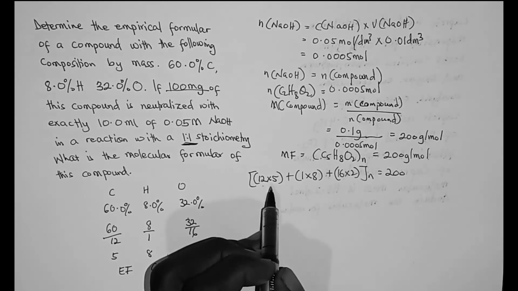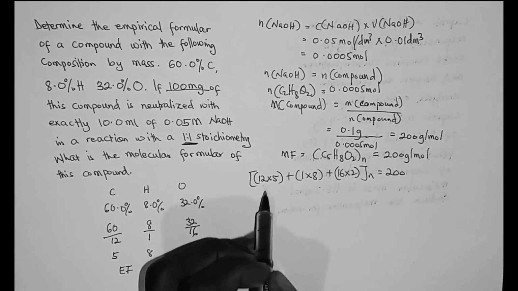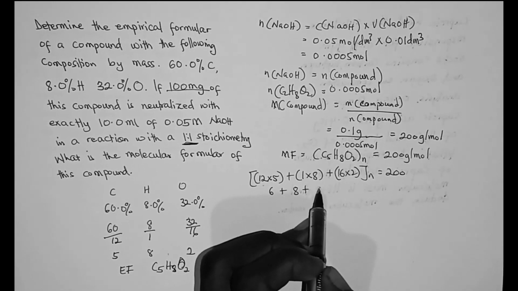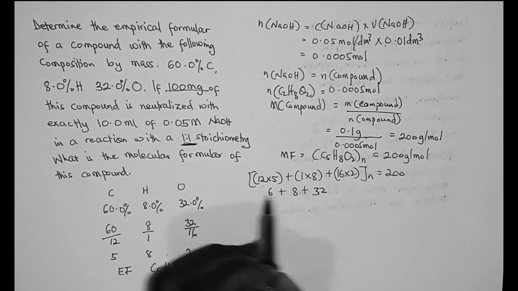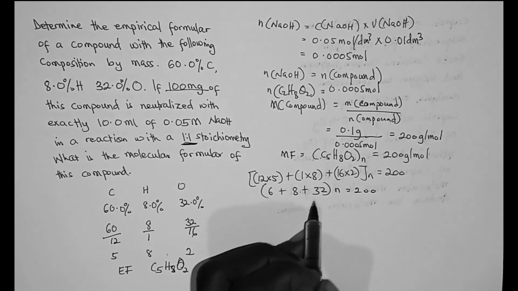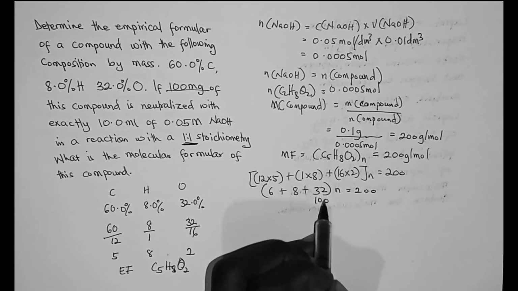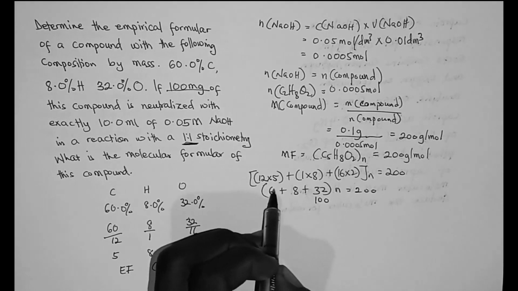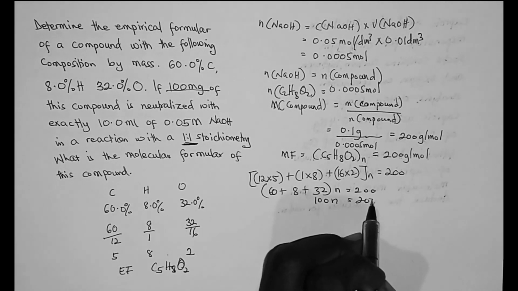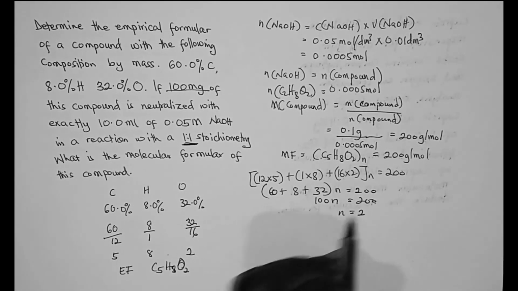So 12 times 5 is 60, plus 1 times 8 is 8, plus 16 times 2 is 32. All of this times n is equal to 200. So 100n is equal to 200, and therefore n is equal to 2.